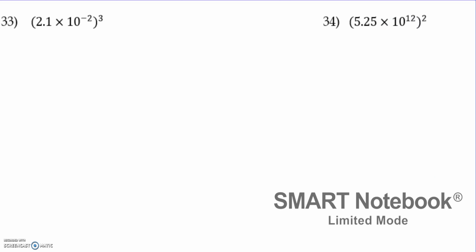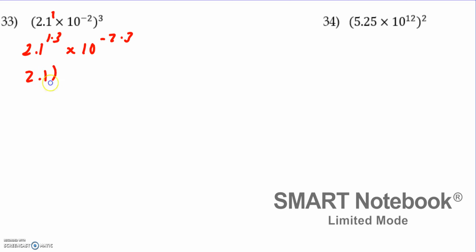The last circumstance with scientific notation has to do with raising something to a power, which is another exponent rule. So what we're going to do is raise both the 2.1 to the third and the 10 to the negative second to the third. And when I do that, I multiply the exponents. Right now, there's a secret little 1 there on the 2.1. So I have 2.1 to the 1 times 3 power times 10 to the negative 2 times 3 power.